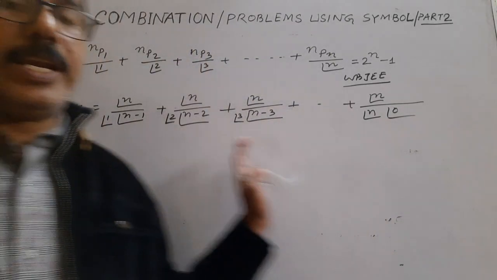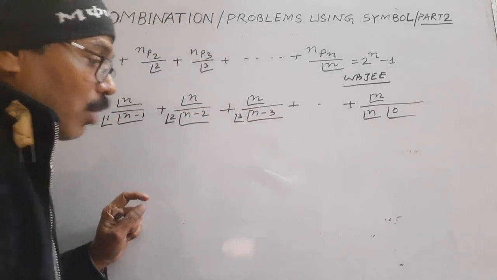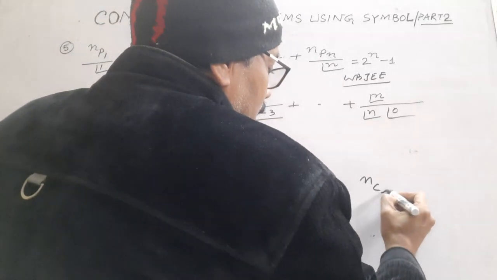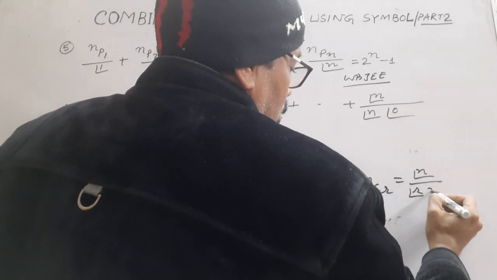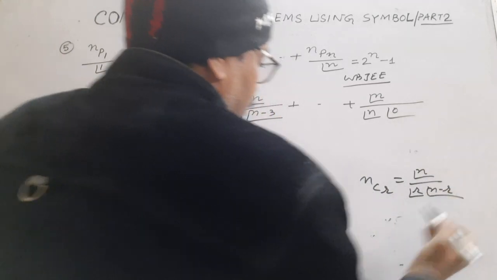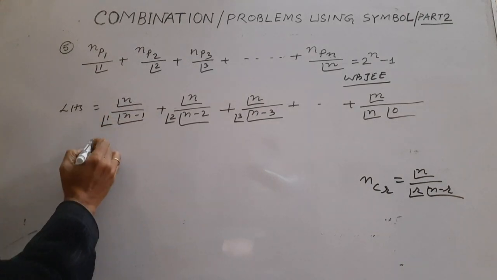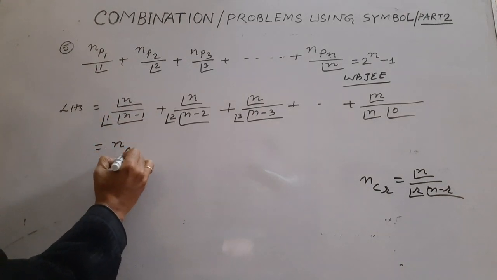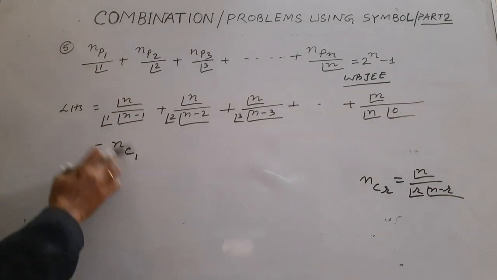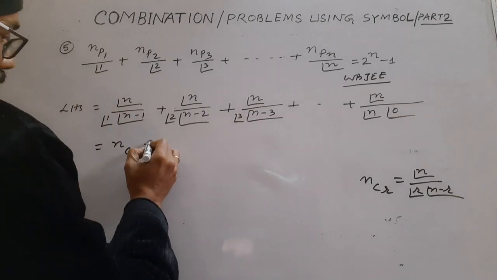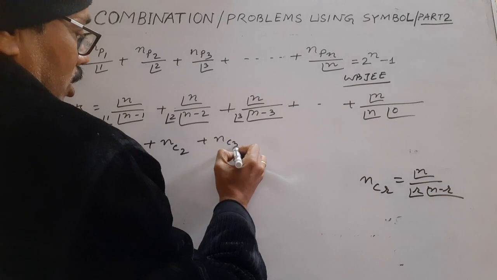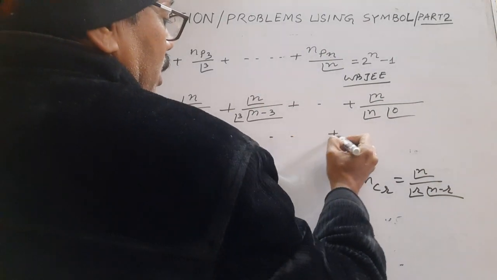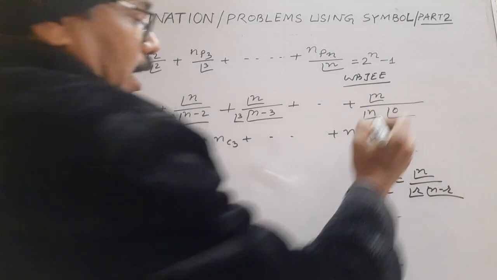So this is the expansion. Now we know nCr equals factorial n by factorial r into factorial n minus r. So look, actually it is nC1, factorial n by factorial 1 into this. This is nC2, this is nC3, and this one is nCn.